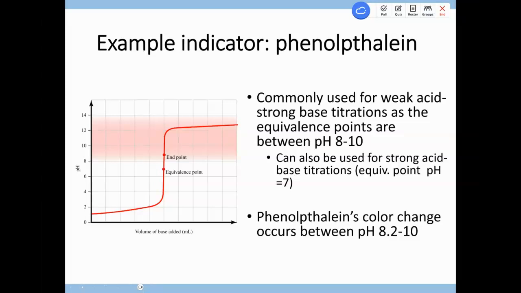So it will change color once that pH is reached, and then you'd know by the experiment that you've reached the equivalence point. It can also be used for strong acid-base titrations where the equivalence point is 7. It would just tell you when you've just passed the equivalence point as it starts to change color.